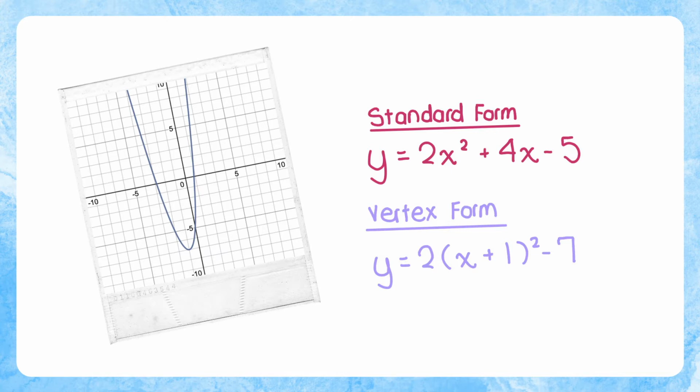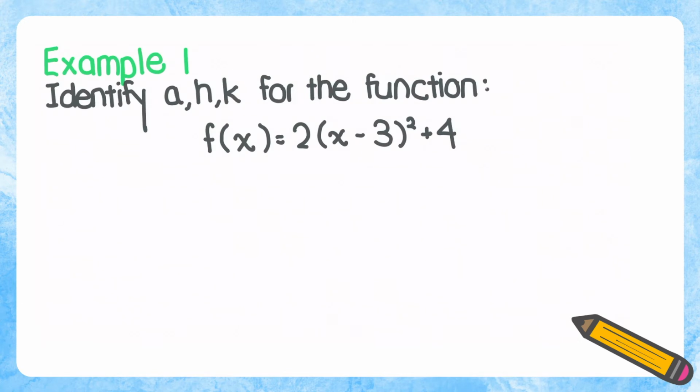But if we rearrange that, we can write it in vertex form, where we have y equals 2 times x plus 1 quantity squared minus 7. We're first going to focus on identifying the different parts a, h, and k of quadratic functions written in vertex form. So here's our first example.